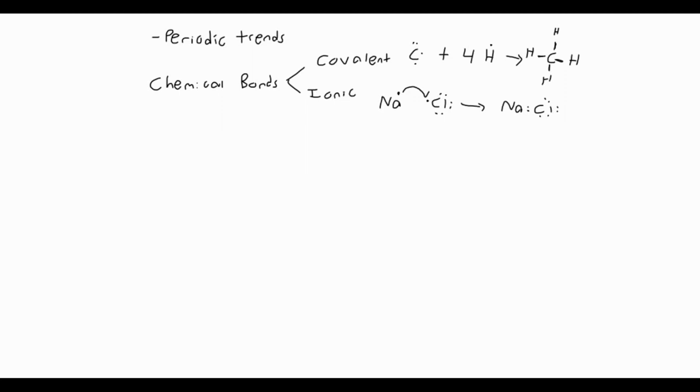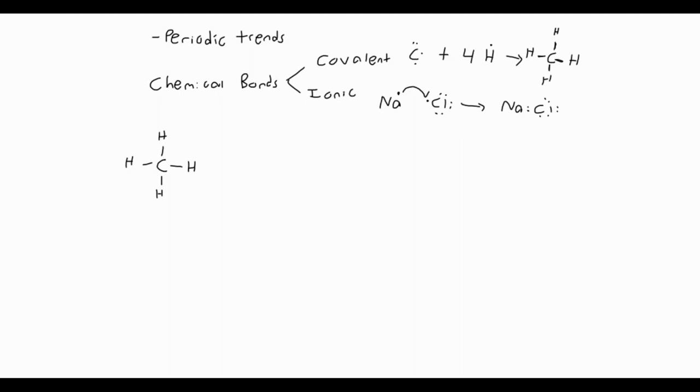So covalent bonds can either be polar or nonpolar. In the case of methane, each of these bonds is relatively nonpolar. What that means is that the electrons are shared relatively equally between the carbon and each hydrogen. How do we determine that? We determine that from the electronegativity of those atoms.